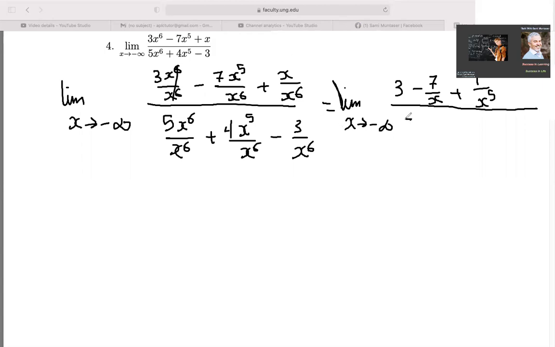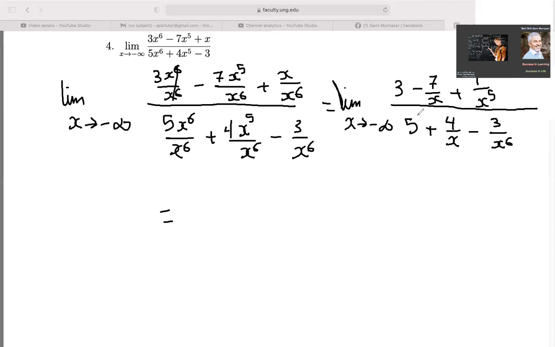And here on the bottom we end up with 5 plus 4 over x minus 3 over x to the 6.